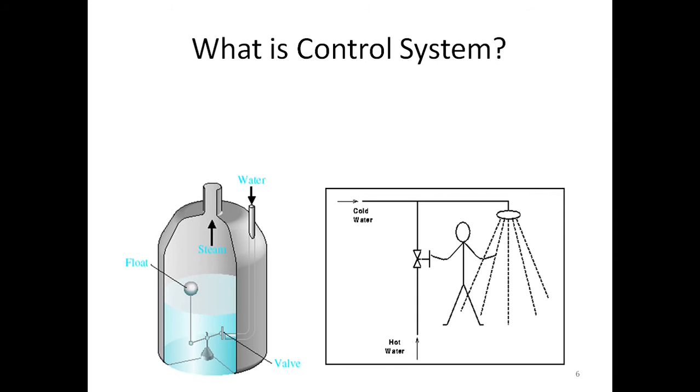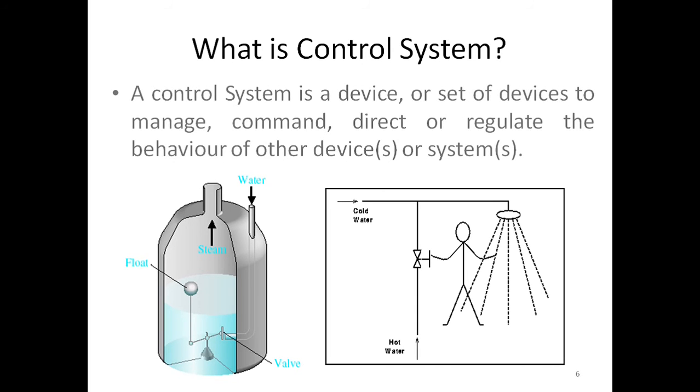Also, nowadays if a tank is filled completely, then the supply automatically gets stopped. Here the float movement is coupled with the inlet valve. So now we can say control system is a device or set of devices to manage, command, direct or regulate the behavior of other devices or systems.